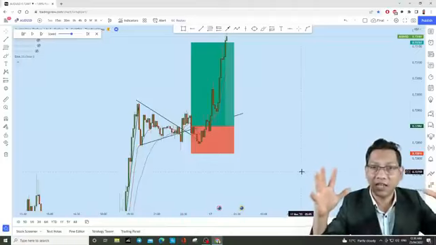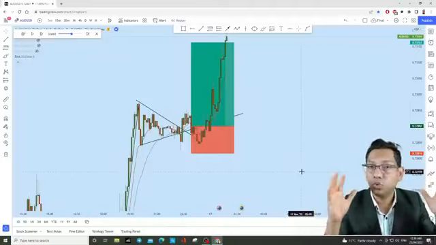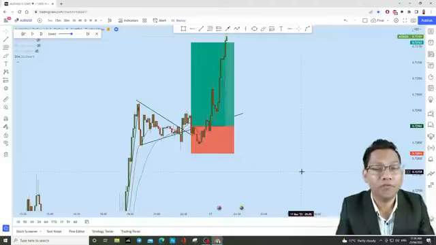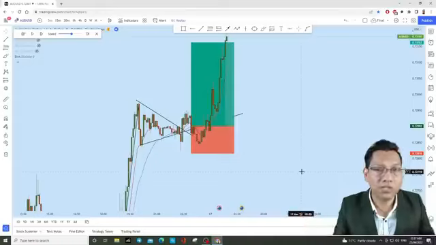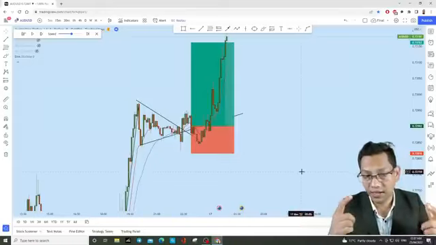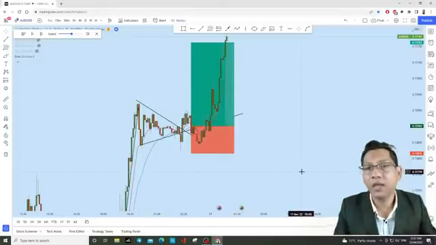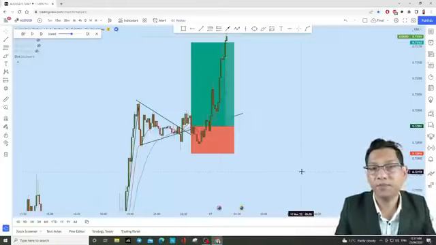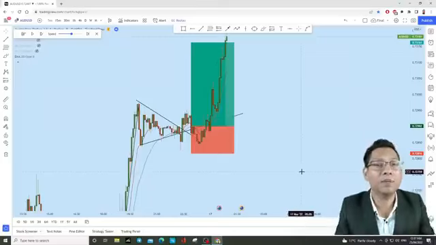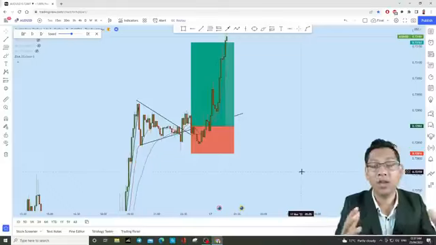So this is the strategy. Now, to make it easier for you to understand, so that you can program your subconscious mind by practicing over and over again, I'll create a summary of this complete strategy, and I'll put a link in the description area so that you can download it, print it, study it, and keep it with you whenever you find this setup.